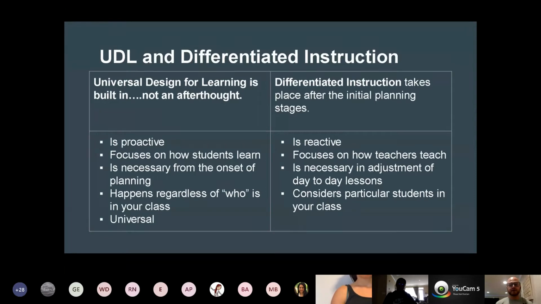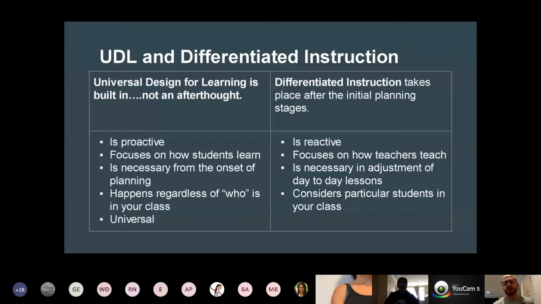UDL is proactive, where differentiated instruction is reactive. It's based on what we've taught and what the results of assessments are, and how we're going to adjust the way we teach. UDL is something that is planned for at the forefront before we're giving any assessments.